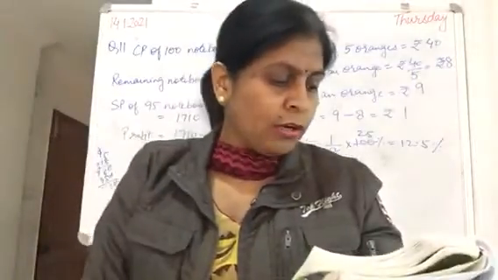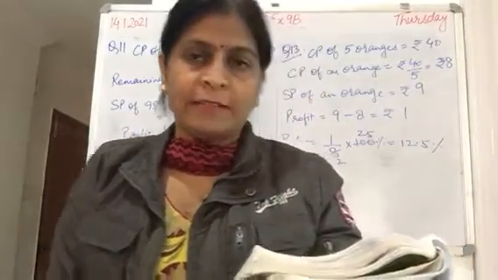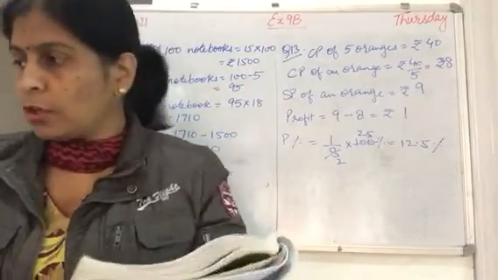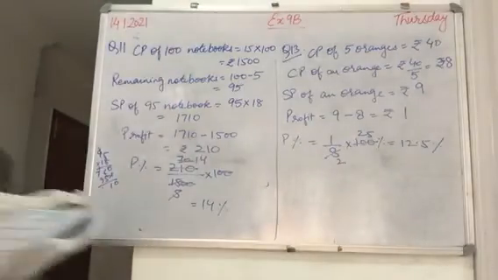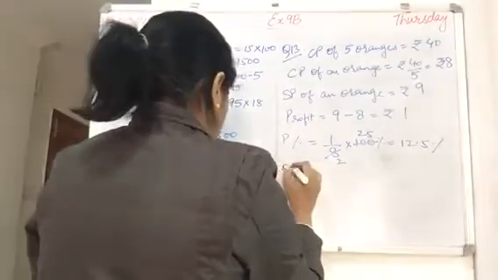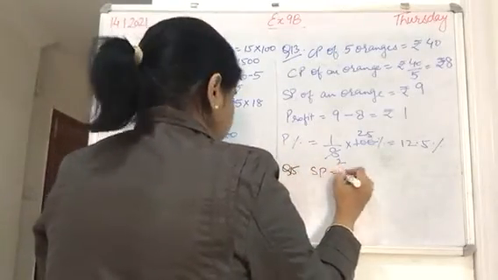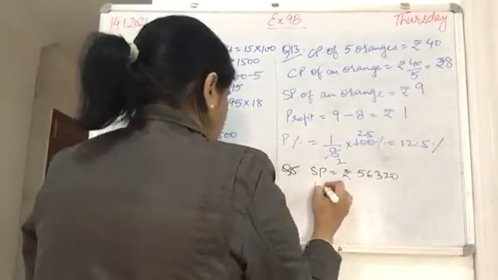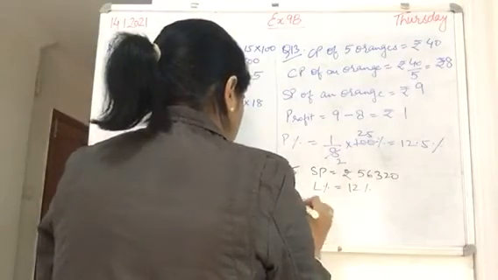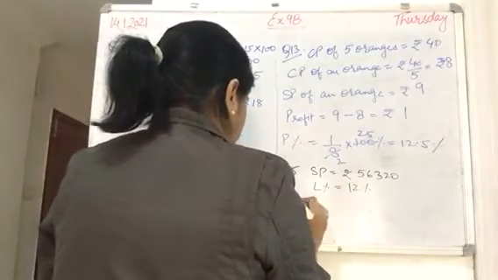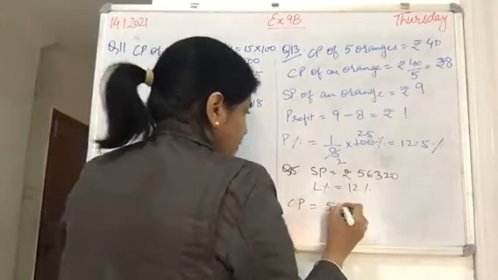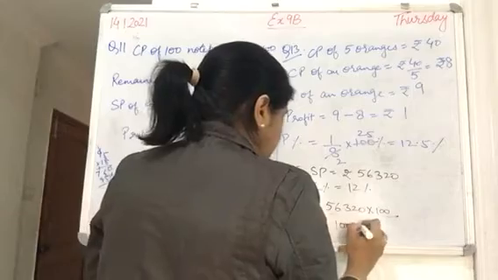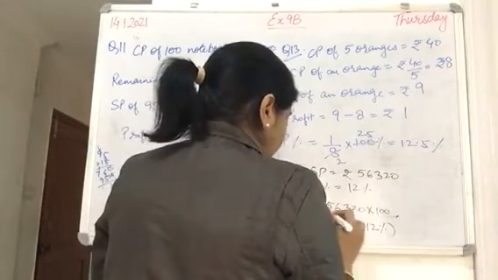Now the last question: by selling a motorcycle. So selling price is given, loss is given, find out the cost price. Okay, so I will do it here. Selling price is rupees 56320, loss percent 12, cost price? Formula says 56320 into 100 upon 100 minus loss percent.